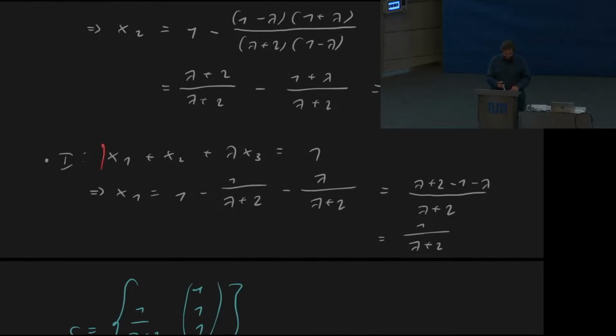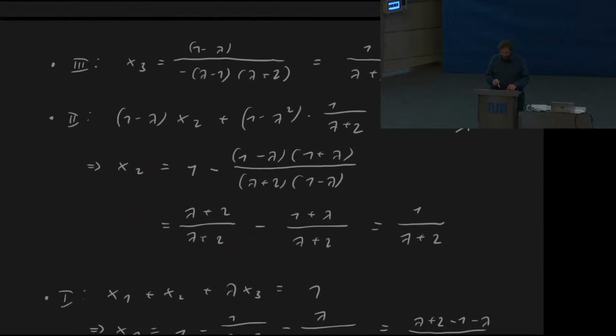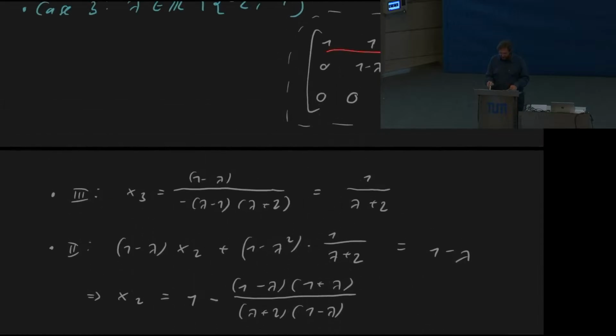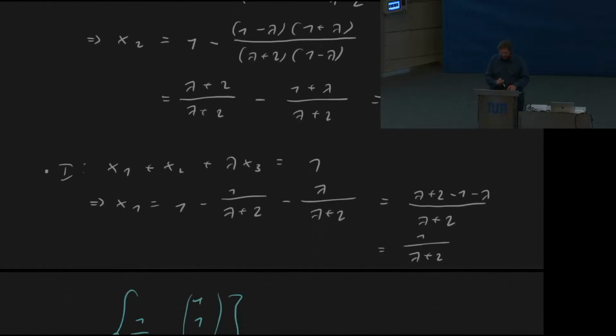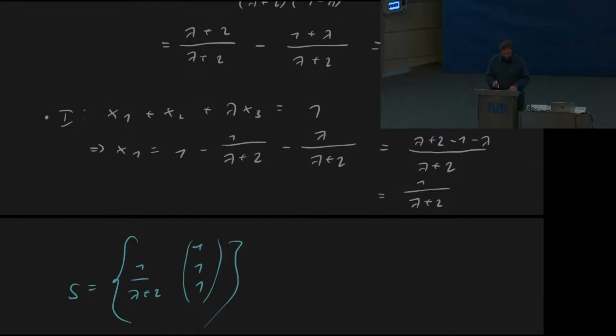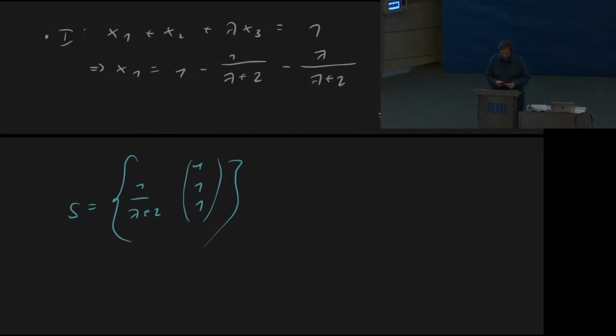And finally, first equation. This is the first equation. I got that from here. Put in the values for x2 and for x3. Don't forget that lambda here. And again, simplify it, and what you get is 1 over lambda plus 2. So in other words, the solution in this case is one single point, and it looks like this.